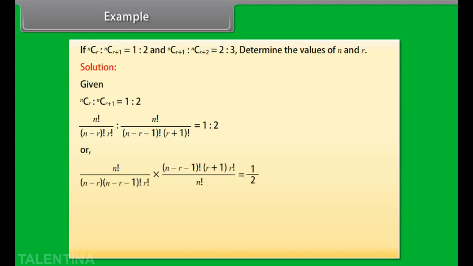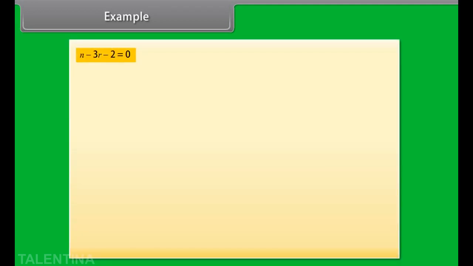Or n factorial by (n minus r) into (n minus r minus 1) factorial into r factorial, multiplied by (n minus r minus 1) factorial into (r plus 1) into r factorial by n factorial, is equal to 1 by 2. Or (r plus 1) by (n minus r) is equal to 1 by 2. Or n minus 3r minus 2 is equal to 0.